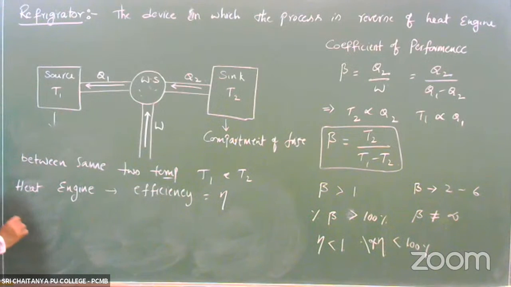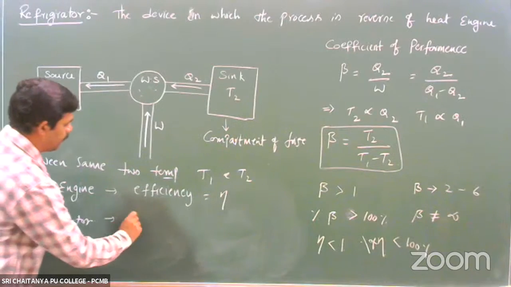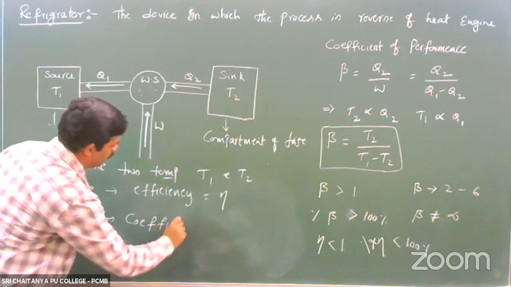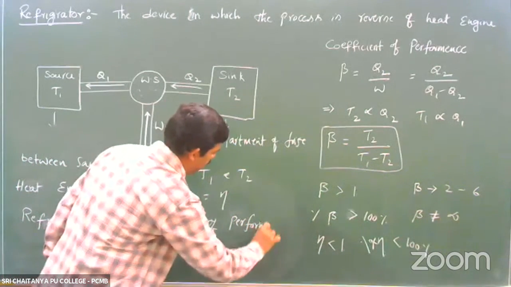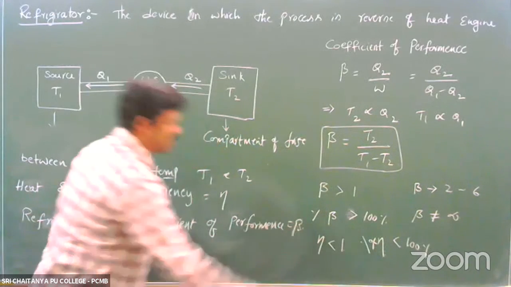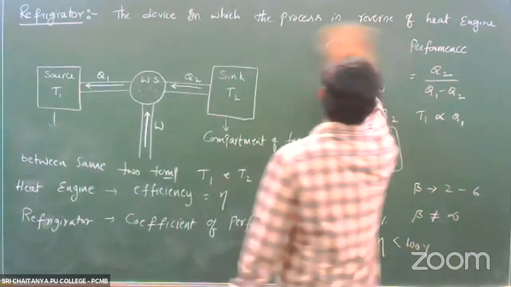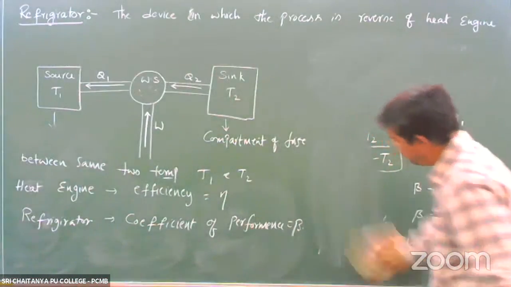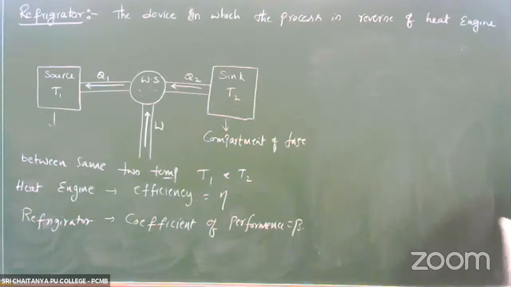Between the same two temperatures, when it acts like a refrigerator, coefficient of performance is beta. What is the relation between that eta and beta?